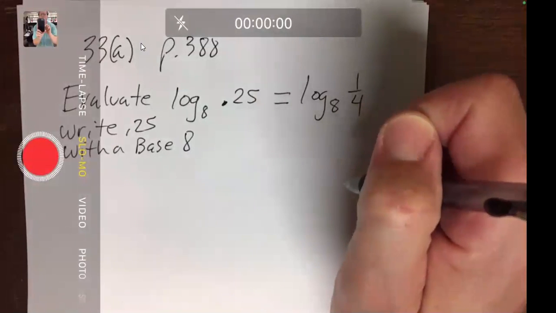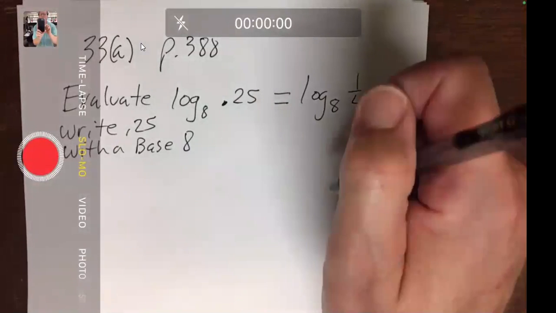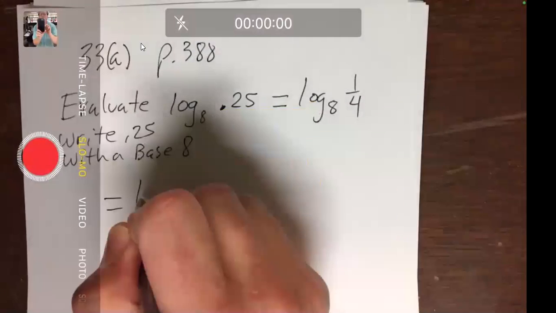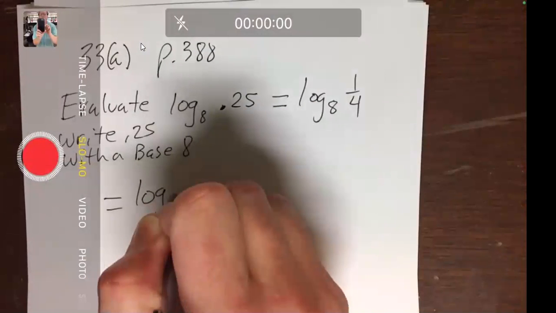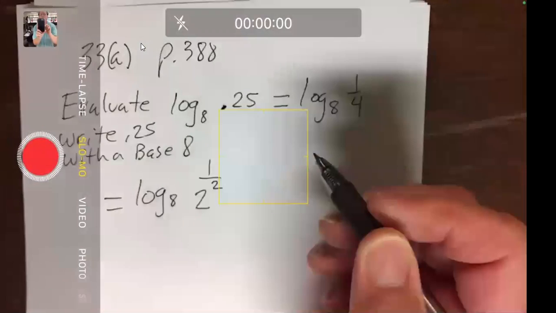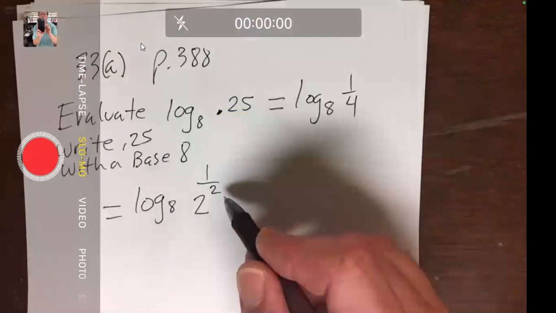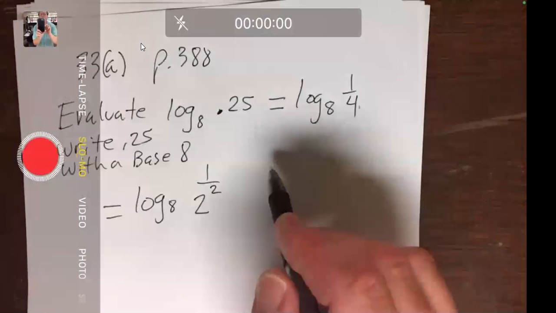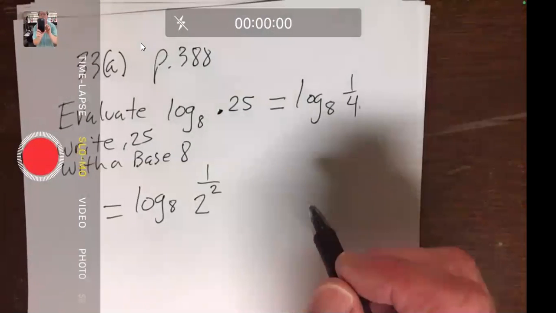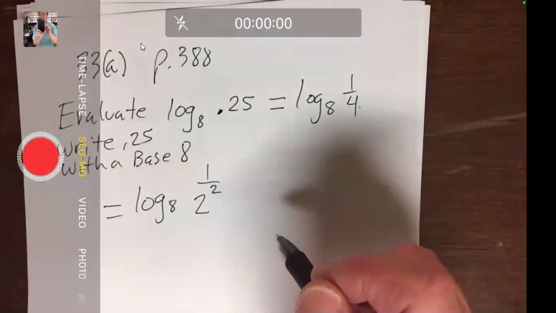Okay. We can try going back to 2: log base 8 then of 1 over 2 squared. I'm just subbing in stuff that I know is equal. 2 squared is 4, so 1 over 4 is 1 over 2 squared.